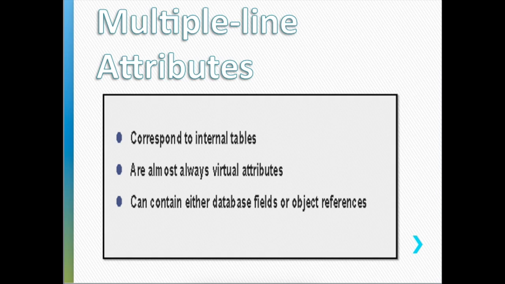You define a field as Matnr and mark that one as a multi-line attribute. So what the business object does is create an internal table with a field called Matnr. And you can define an object reference, like you take any sales order business object and define that one as multi-line. What it does is create an internal table with reference to this business object.